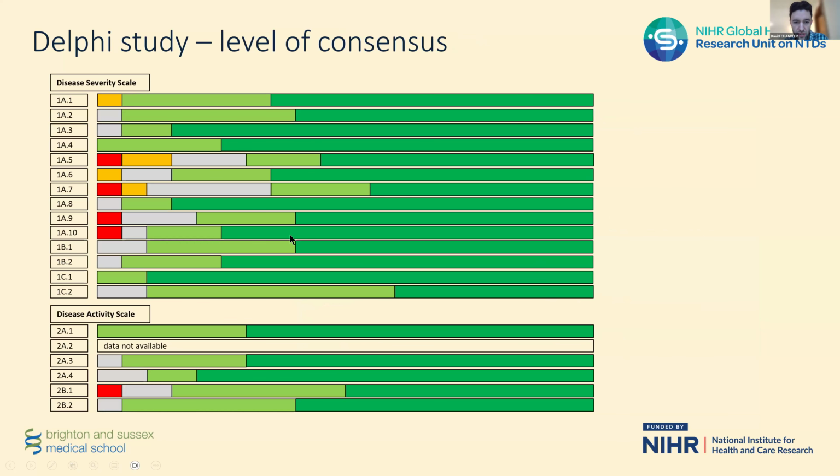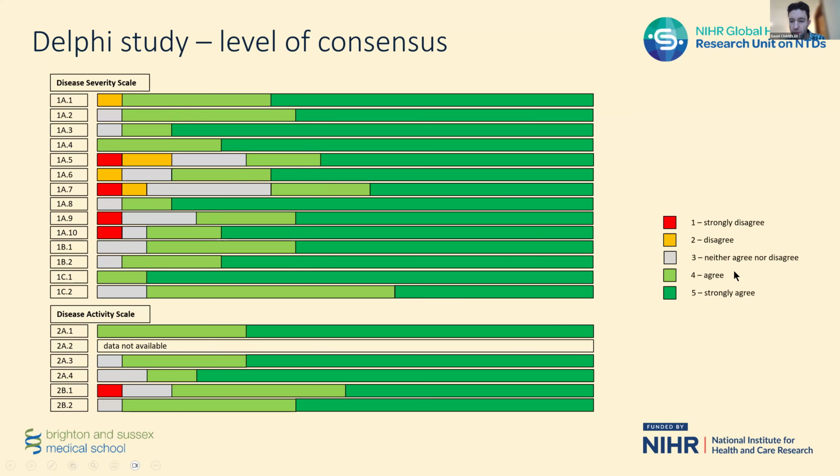Here, what this graph is showing is the level of agreement in the second round. So down the left-hand side here, you have each of the items. So you've got the 14 items for disease severity at the top, and then the 6 items for disease activity at the bottom. And the colours are showing the level of agreement.